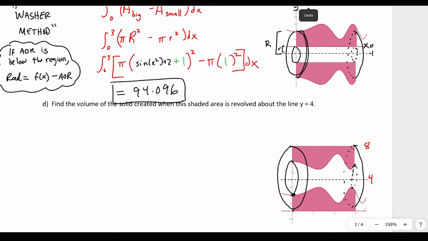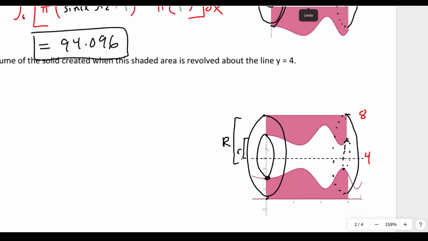So it swaps how we reference the big radius versus the small radius. The big radius is pretty obvious here. What's the big radius? 4, right? From here to here. Big radius is 4. The little radius is a little tougher to come up with. So let's think about how we might get that. Let me zoom in on here.